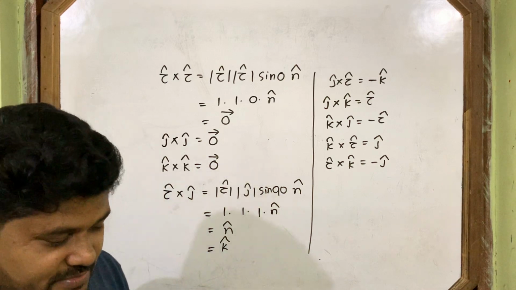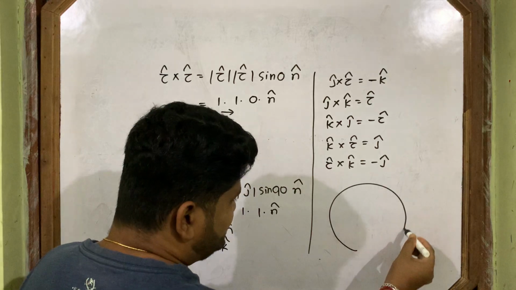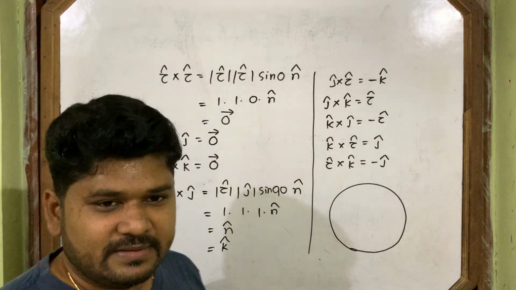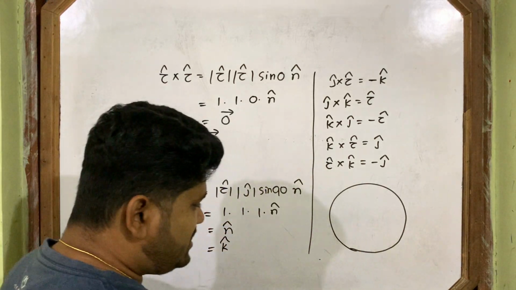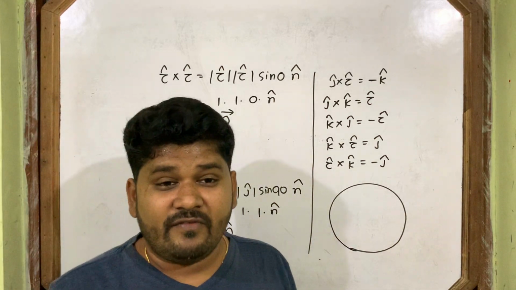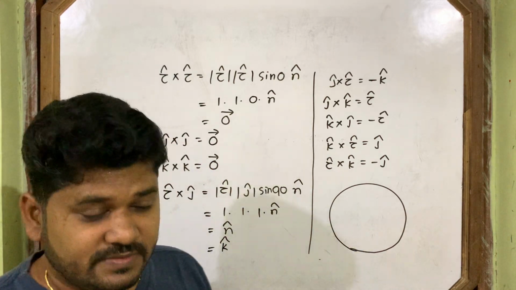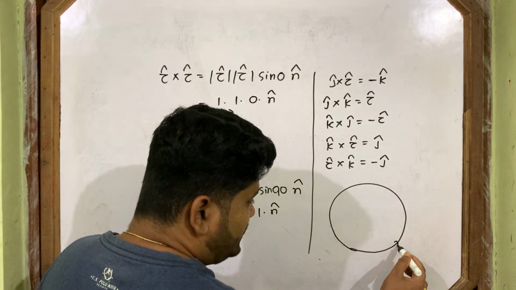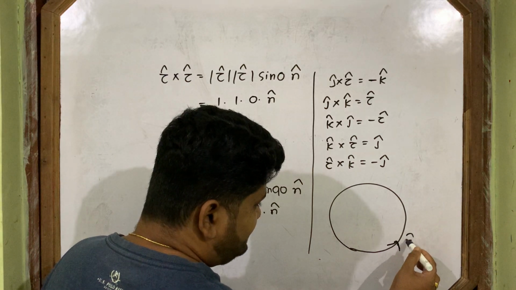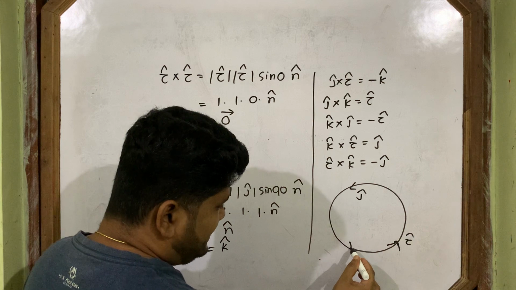Yes, I am telling you that trick. One easy trick is there to remember the cross product. This is called the wagon wheel. In this wagon wheel, you can find all the cross products. If you remember this one, it will help you a lot. You remember the order always. The order is I cap, then j cap, then k cap.